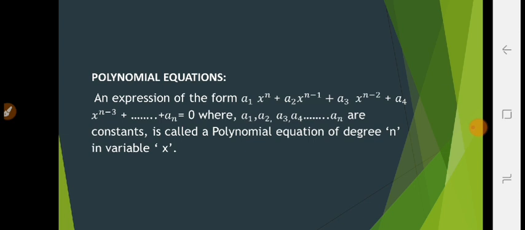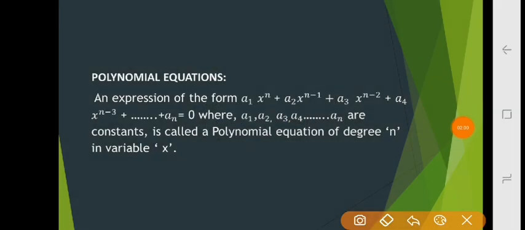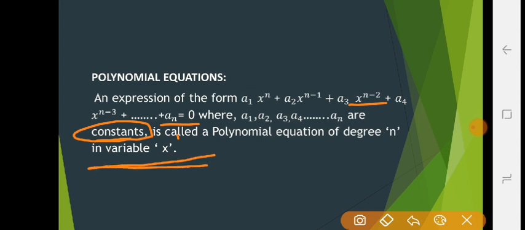An expression of the form a1 x to the power n plus a2 x to the power n minus 1 plus a3 x to the power n minus 2 plus a4 x to the power n minus 3 plus ... an is equal to 0, where a1, a2, a3, a4 up to an are constants. Here the a values are constants and the value of x is a variable. That is called a polynomial equation of degree n.